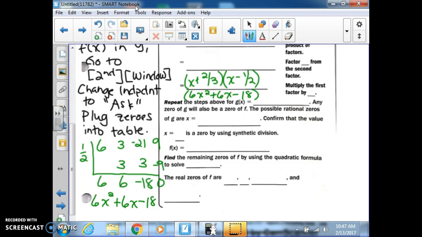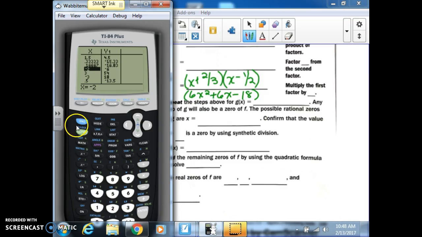Alright, so the steps here just say repeat the steps above, which is what we did for g of x. Any zero of g will also be a zero of f. And that's what we just found out here, because we saw that none of the other zeros would work for 6x squared plus 6x minus 18. Let me show you guys really fast that negative 2/3 should work for them.